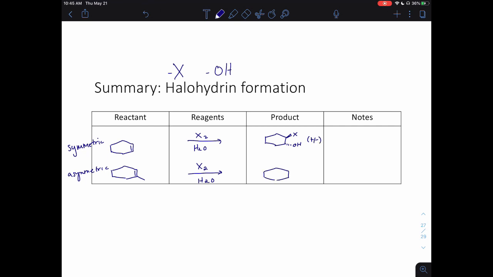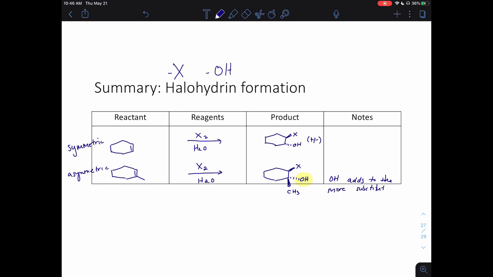Now, for the asymmetric alkene, there's just one tiny wrinkle, which is that the hydroxyl adds to the more substituted carbon. So hydroxyl adds to the more substituted carbon, and this is consistent actually with Markovnikov's rule. I know you don't believe it, right?